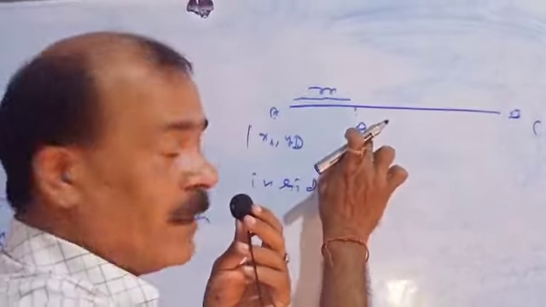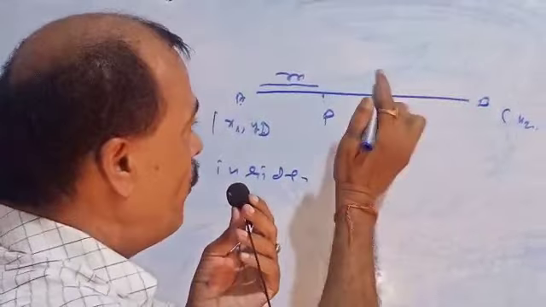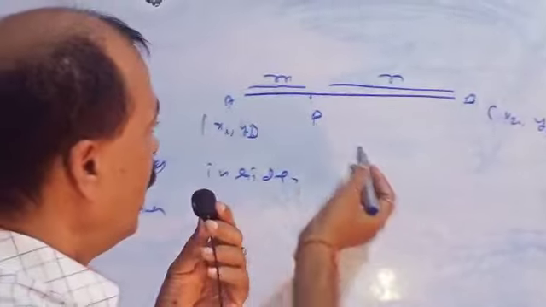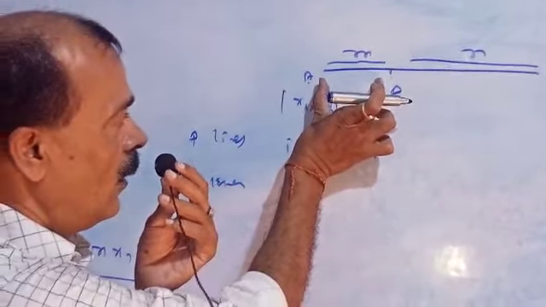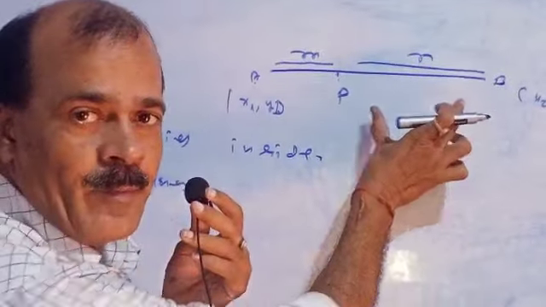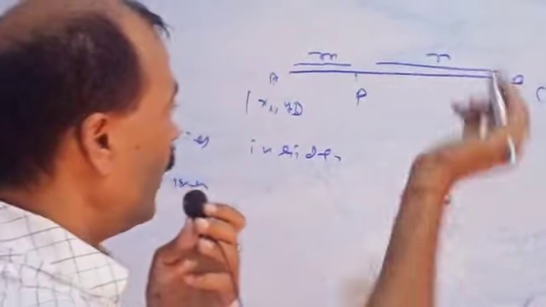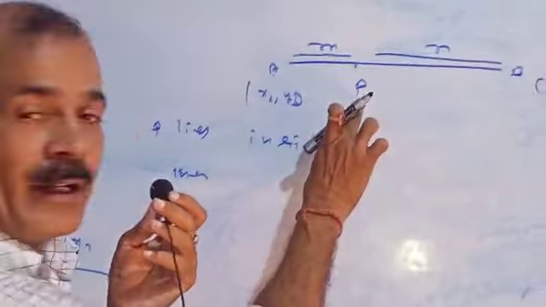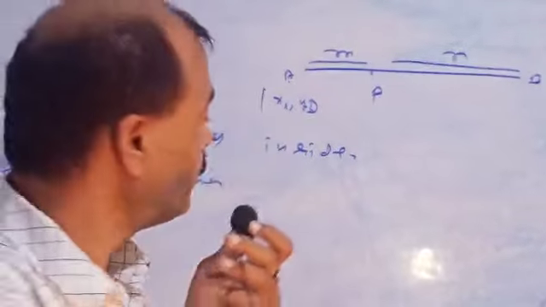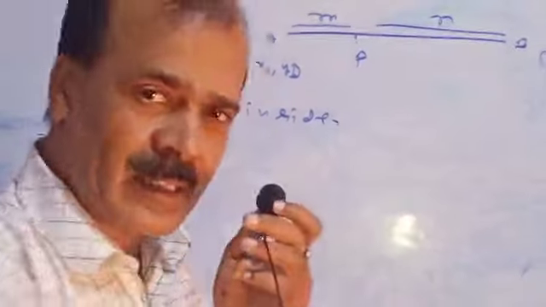Also, P has a certain distance from B. Suppose it is n. The length of this section is m, and the length of this section is n. Now we have to get the coordinates of P. The way to get the coordinates of P is the section formula.